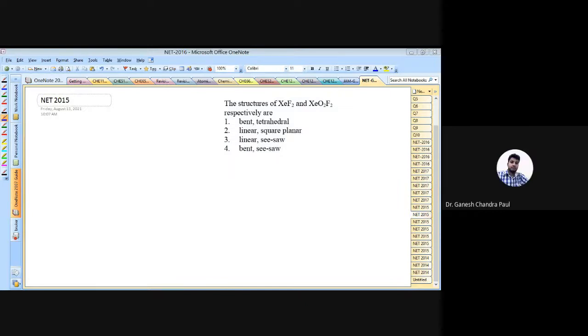Next, the structure of XeCl2 and XeO2F2. Very easy. Just now I have solved the structure of XeO2F2, right? So xenon, the 2 fluorine atoms are present in the axial side of the TBP geometry, and 2 oxygen are present like this, and 1 lone pair present like this.